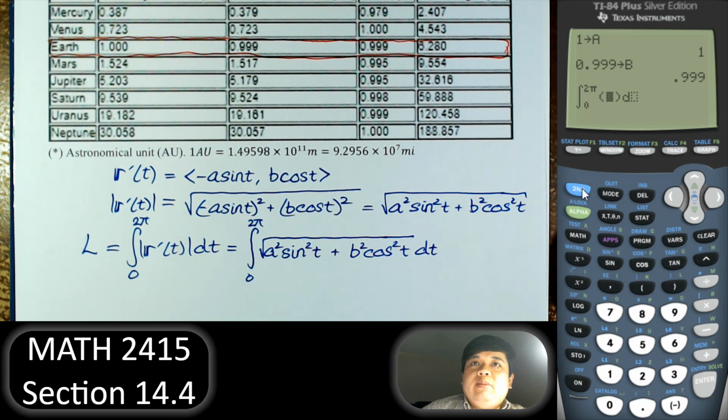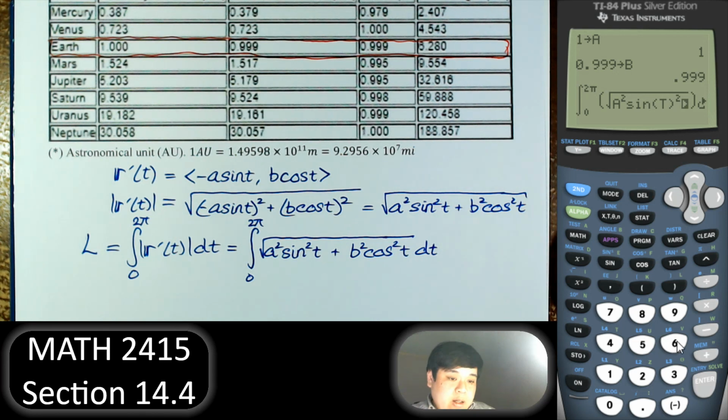Square root of a squared sine squared plus b squared cosine squared.